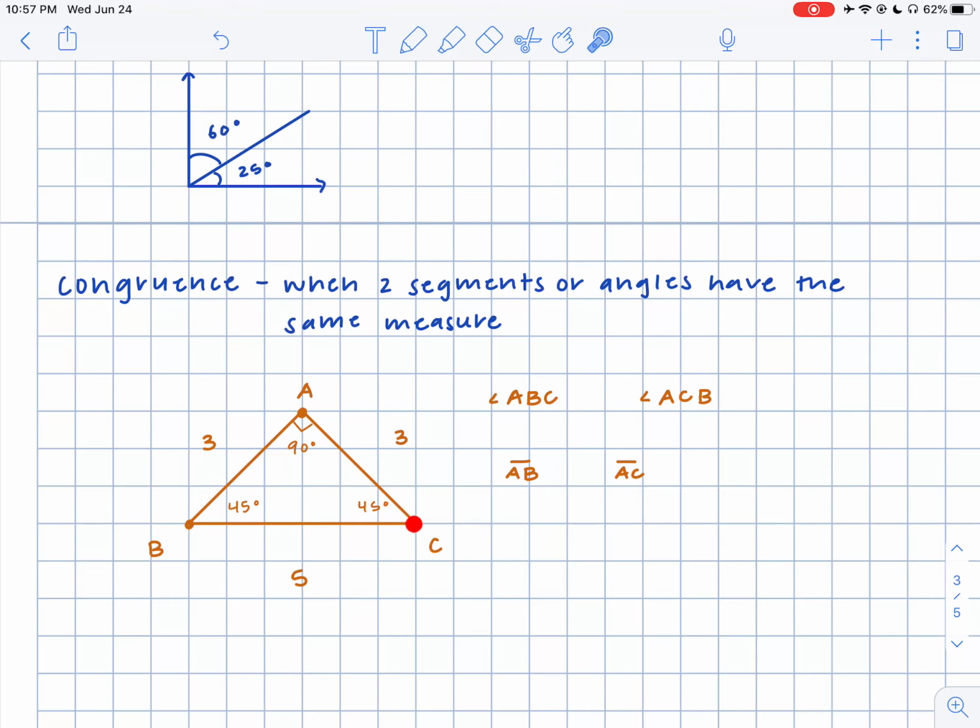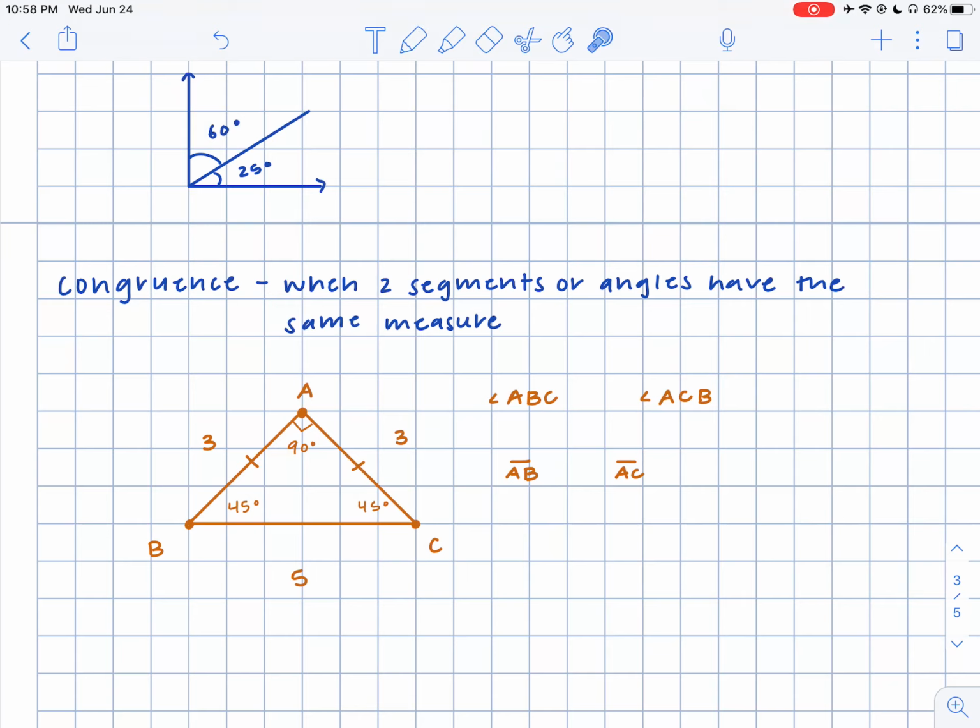For example, segment AC and segment AB both have a value of, let's say, 3 centimeters. So they are congruent because they have the same measure, which is 3 centimeters. We can label them with 1 hash mark, or 2, or 3, it wouldn't matter. As long as they have the same hash marks, that would indicate they are congruent.